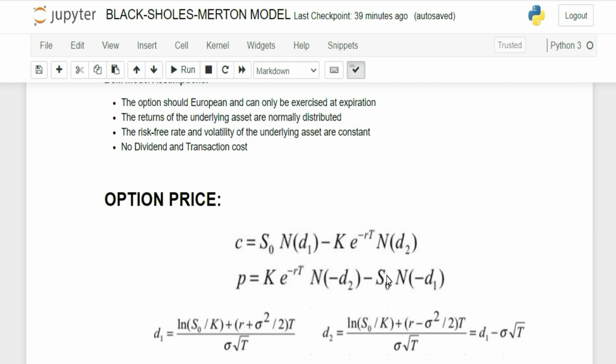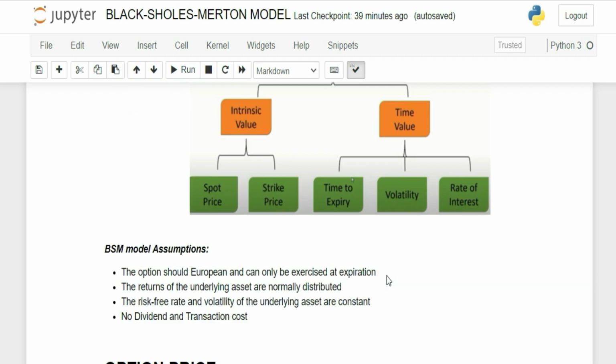So let's go and learn how we can do all these mathematical equations in Python.